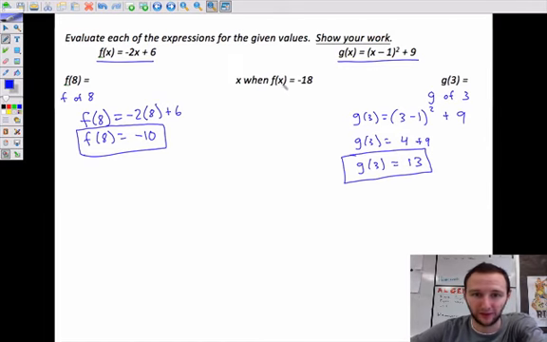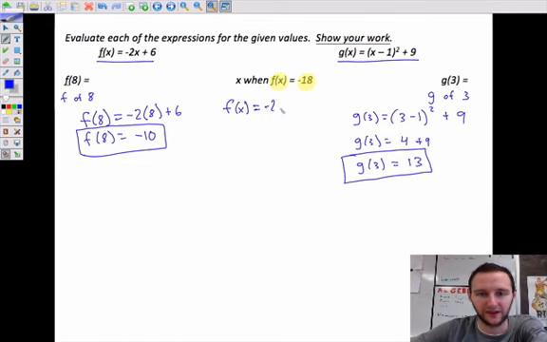Okay, this one is backwards. This is asking me to find x when f of x equals negative 18. Since these two things are equal, I can replace f of x with negative 18 in this equation. So instead of f of x equals negative 2x plus 6, I have negative 18 equals negative 2x plus 6.